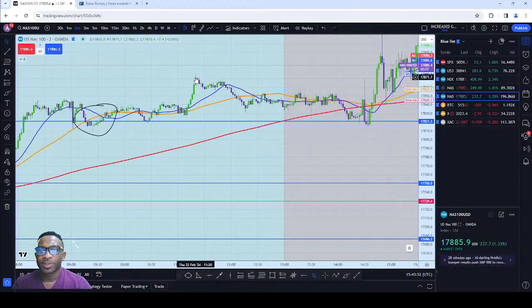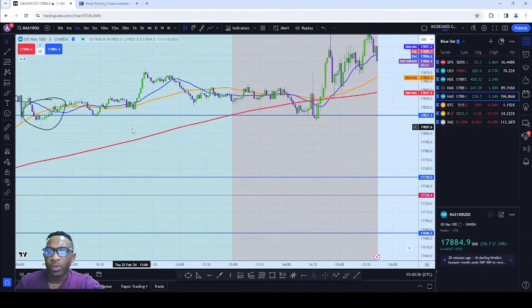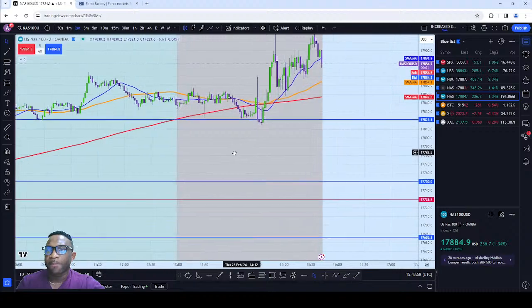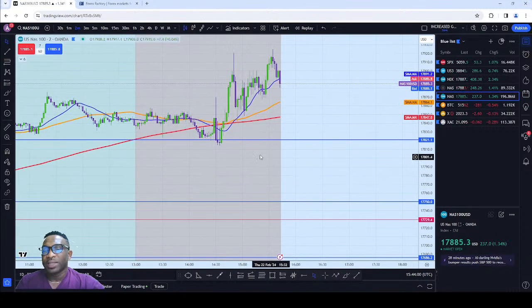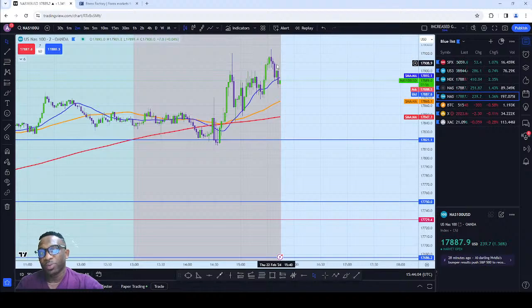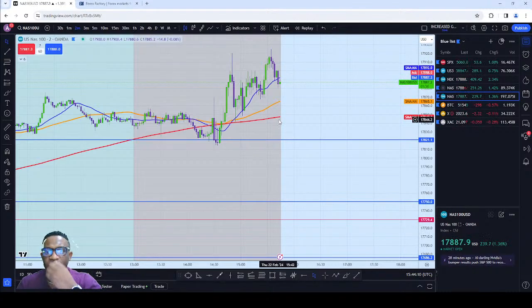Or once you see this wick up here, you could get out before it takes away your profit. Now, as we can see, price is in an upward trend, so we ignore these purple candles. Our aim is to get a setup to go up. So we wait and see.